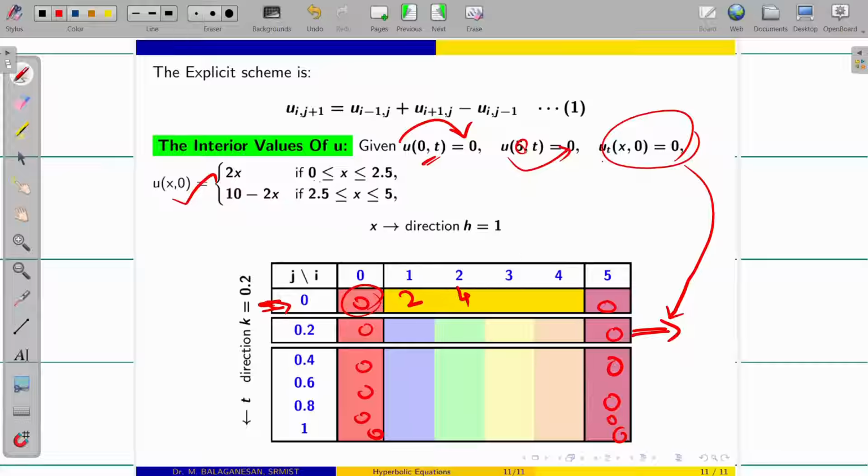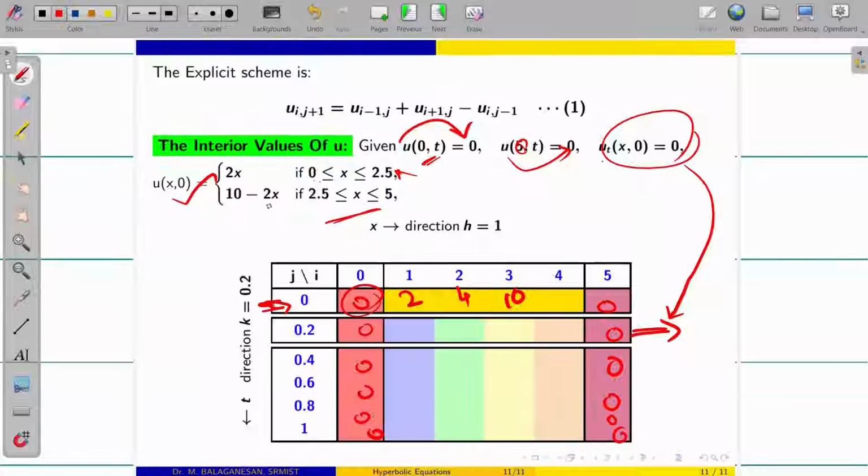Give x equal to 3. You can't substitute here. X equal to 3 will fall in this interval only. So give x equal to 3 here: 10 minus 2 into 3, that is 6. Finally, x equal to 4 will be in this place.